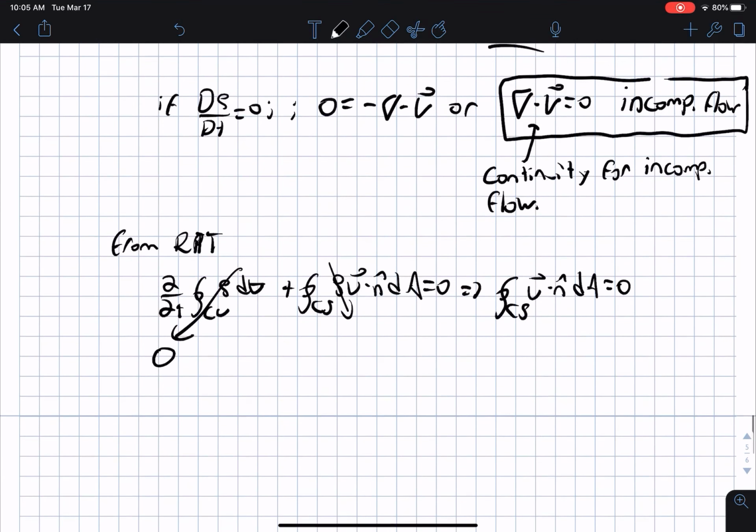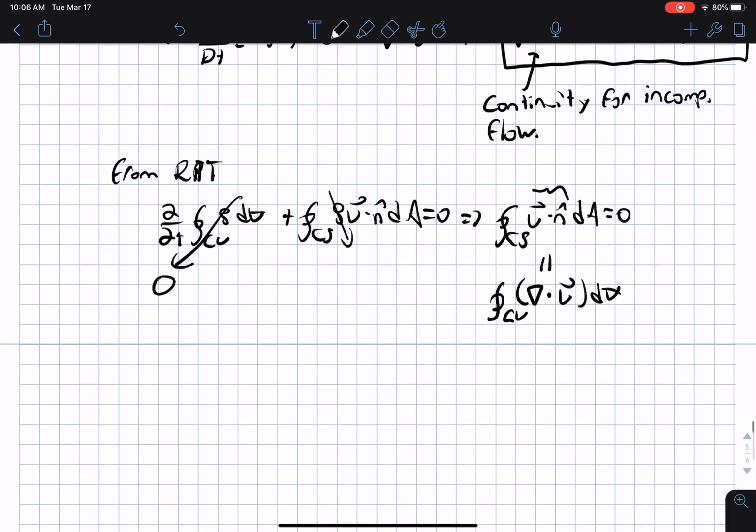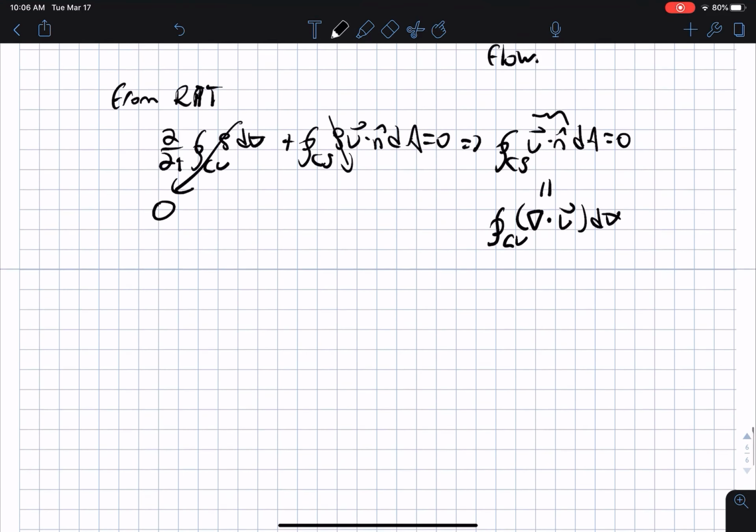Well, we can use the Gauss divergence theorem on this, and this becomes the volume integral of the divergence of this vector here, v dV. So if we apply this, we have the volume integral of the divergence of the velocity dV is equal to 0.